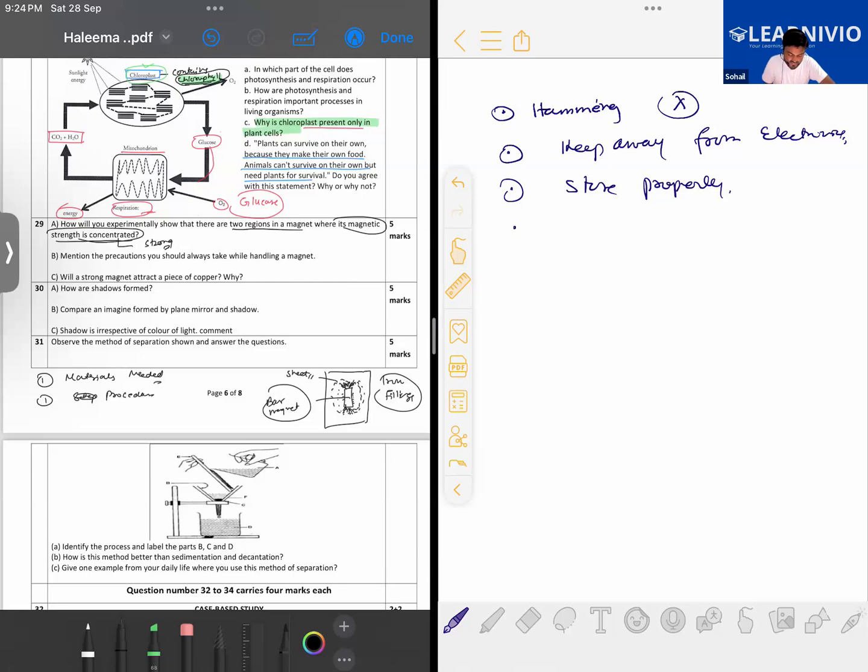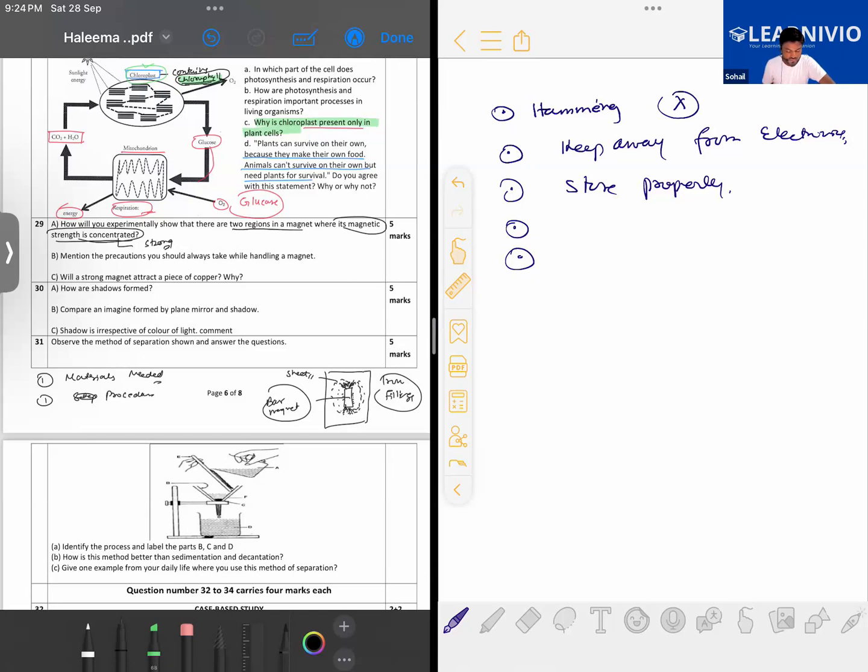Plus, few other things were also there, try to recall it, Halima. Even if it takes a minute, still try to recall the things. Should the magnets be put in fire?